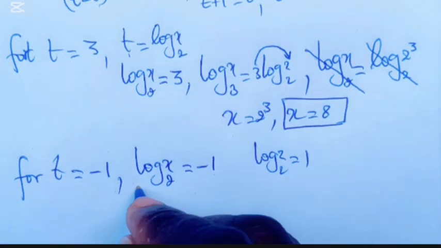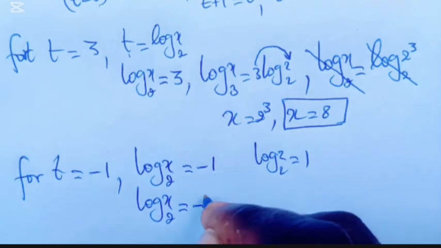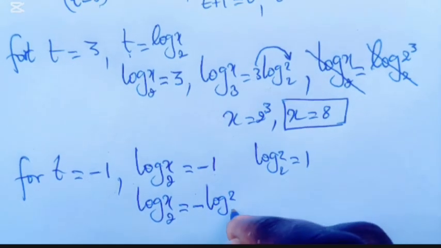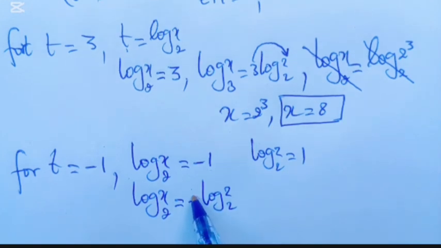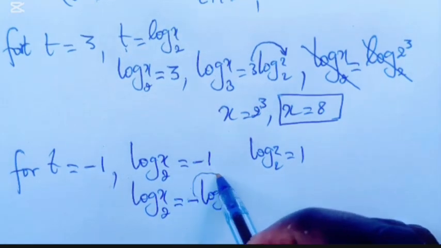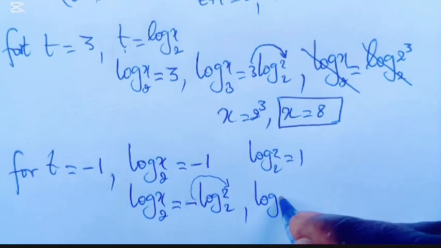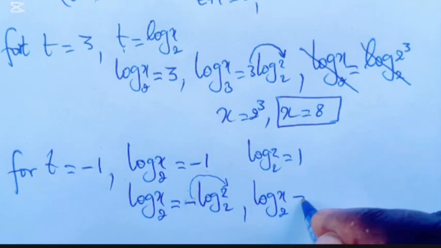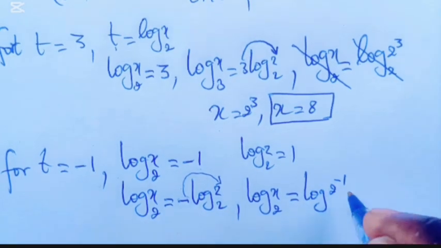Now, log x base 2 will be minus log 2 base 2. We also need to take this minus here to make it the power of 2. Now, log x base 2 is equal to log 2 to the power of minus 1 base 2.